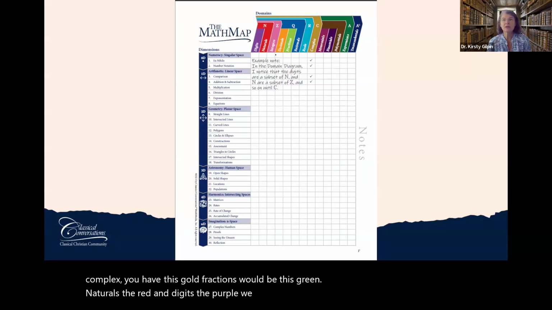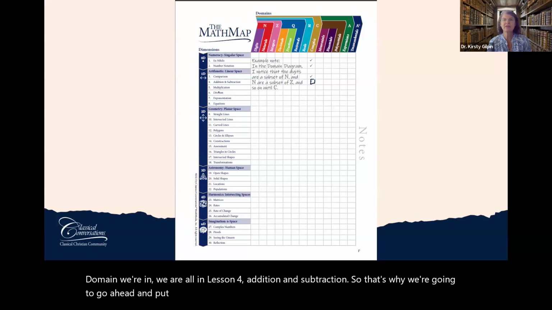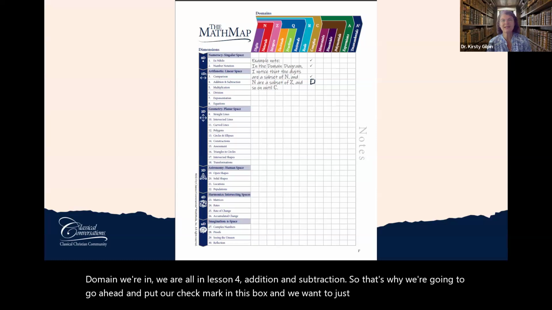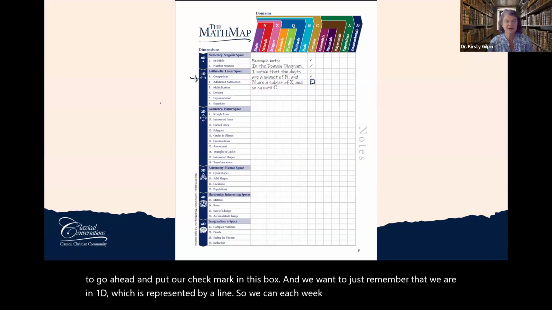Whichever domain we're in, we are all in lesson 4, addition and subtraction. So we're going to put our check mark in this box. And we want to remember that we are in 1D, which is represented by a line, so we can each week remind the students and ourselves what dimension we're in.